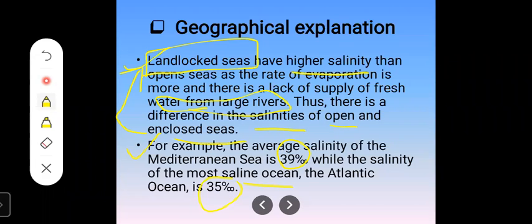This is the example of the Mediterranean Sea's average salinity, and the Atlantic Ocean's average salinity they have calculated, students, with those instruments we have seen: hydrometer, refractometer, salinometer. With these three instruments, they are measuring the salinity of the oceans and the seas.